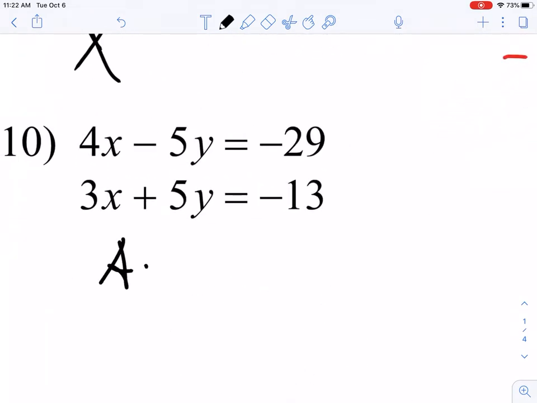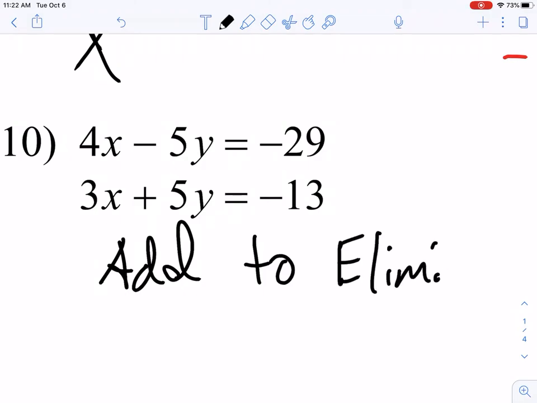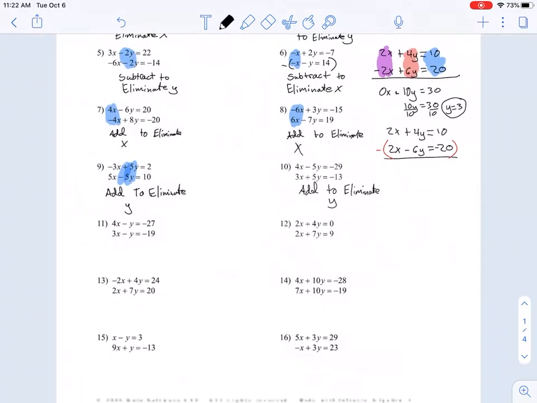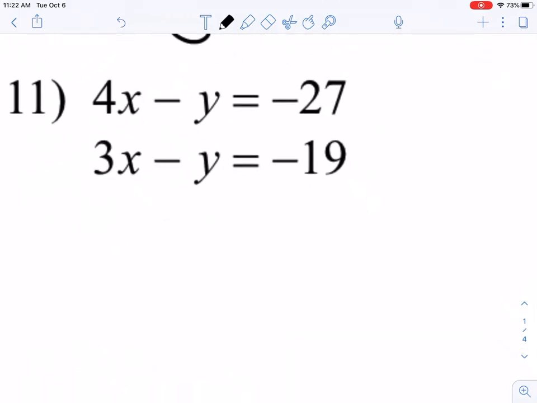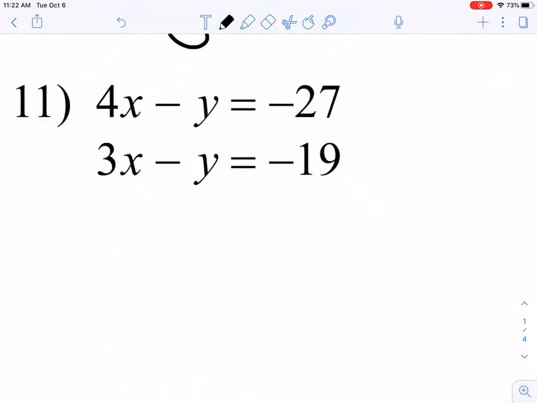So for 10, add to eliminate y. Okay, so in this one, we would need to subtract, right? Because these are the same.